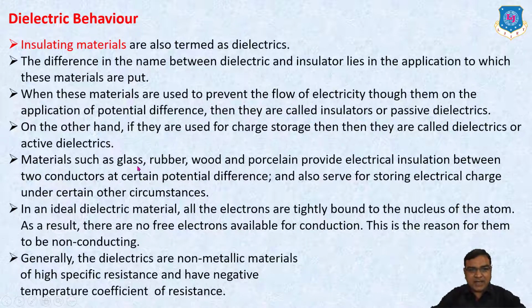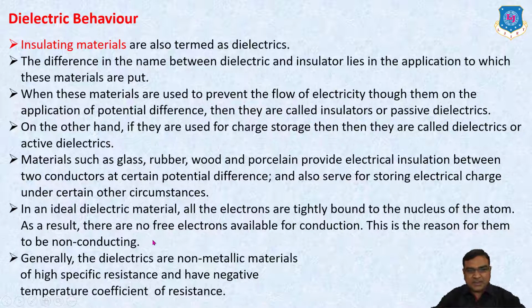Materials such as glass, rubber, wood, and porcelain provide electrical insulation between two conductors at a certain potential difference and also serve for storing electrical charge under certain other circumstances. In an ideal dielectric material, all the electrons are tightly bound to the nucleus of the atom.